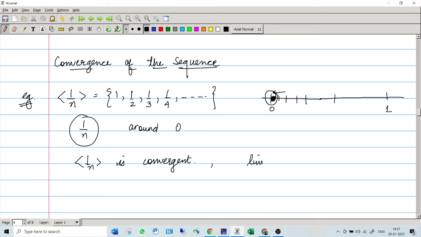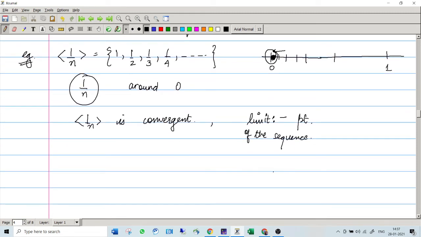So the limit will be that particular point to which the sequence is converging, or around which the cluster is being formed. So such a point is called the limit of the sequence, right? Let us just have a look at an example of one which is not forming a cluster anywhere, then we'll do the formal definition.